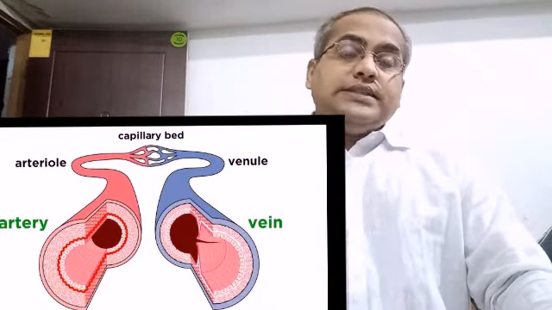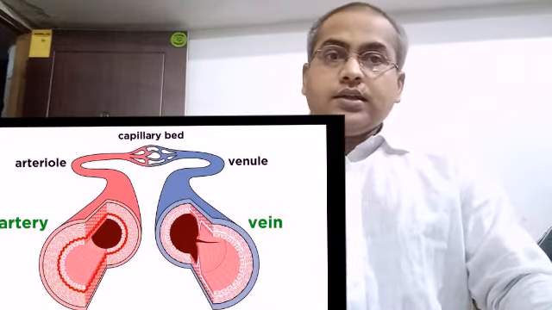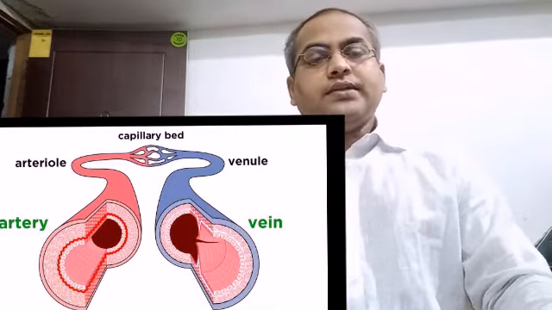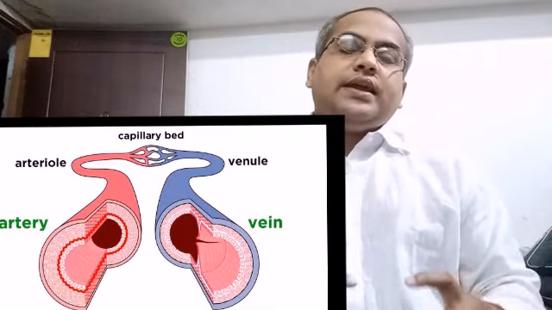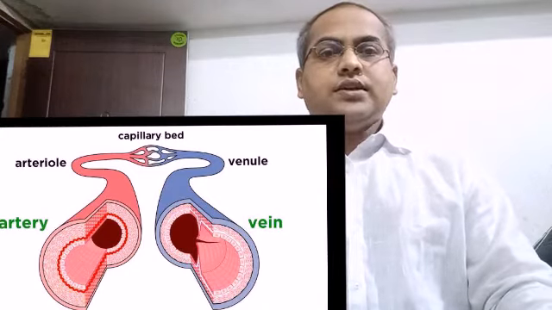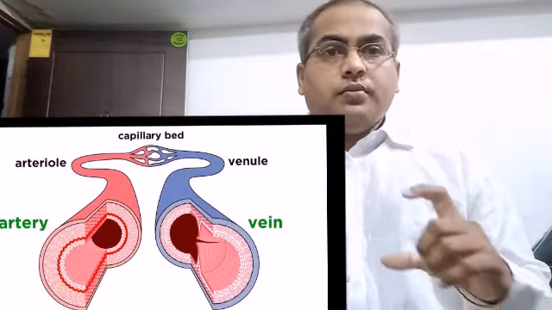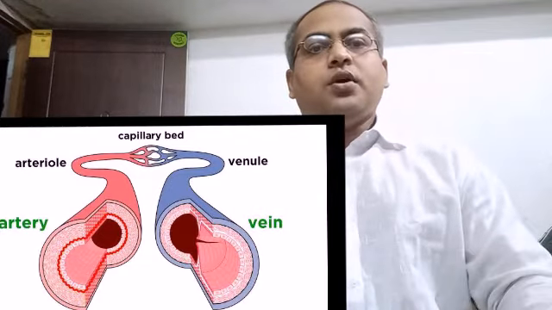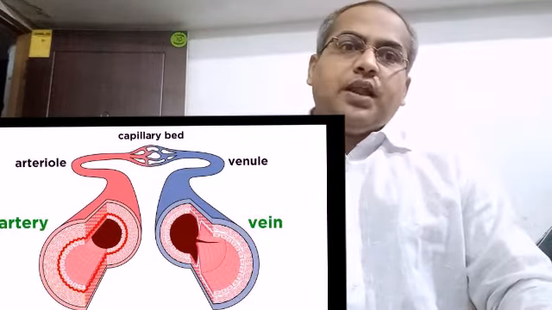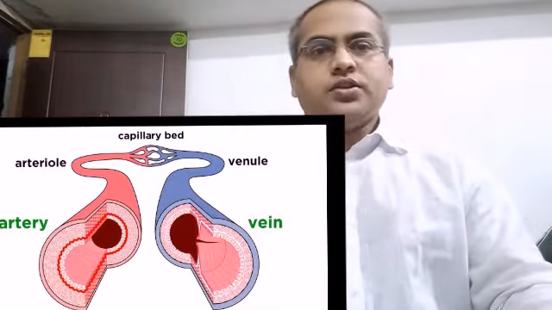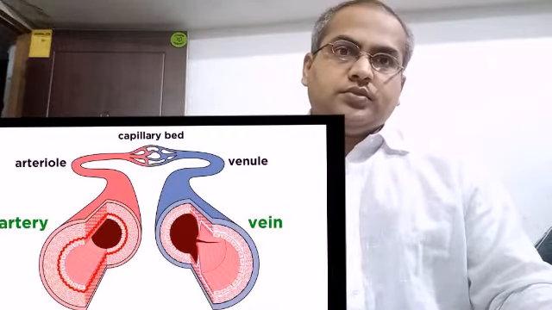You can consider these arteries the main pipes of our body to carry oxygenated blood from the heart to the different parts of the body.